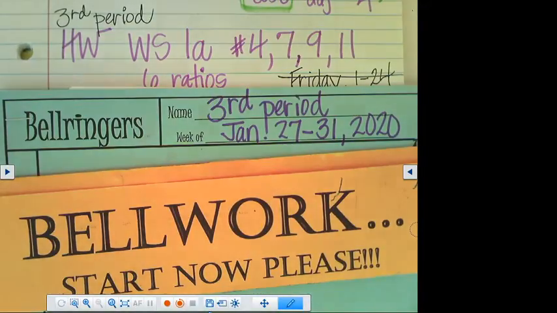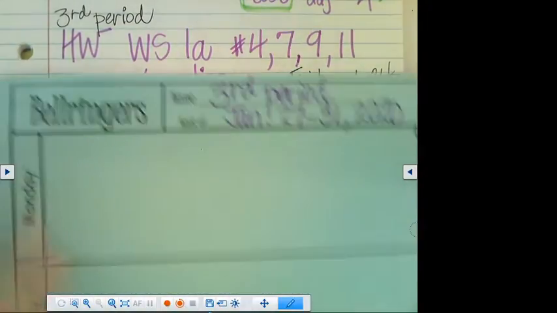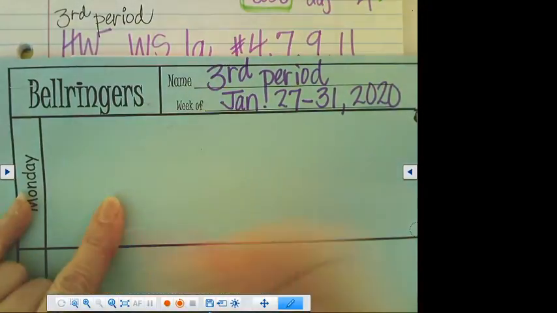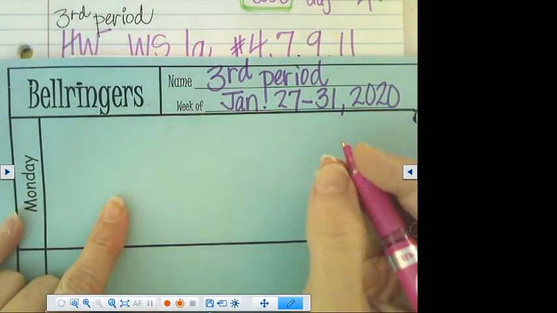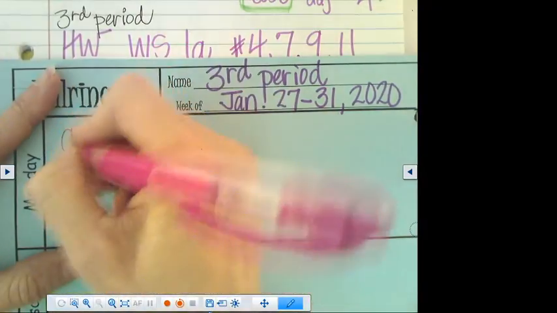Alright guys, here we go. So you're asked to interpret the 8 and the 5. Let me read the problem to you. This is our bell ringer. Everybody picked up one of these pages? Alright, so it says data was collected on the yearly rainfall and the corn production per acre. The data can be modeled by the equation.